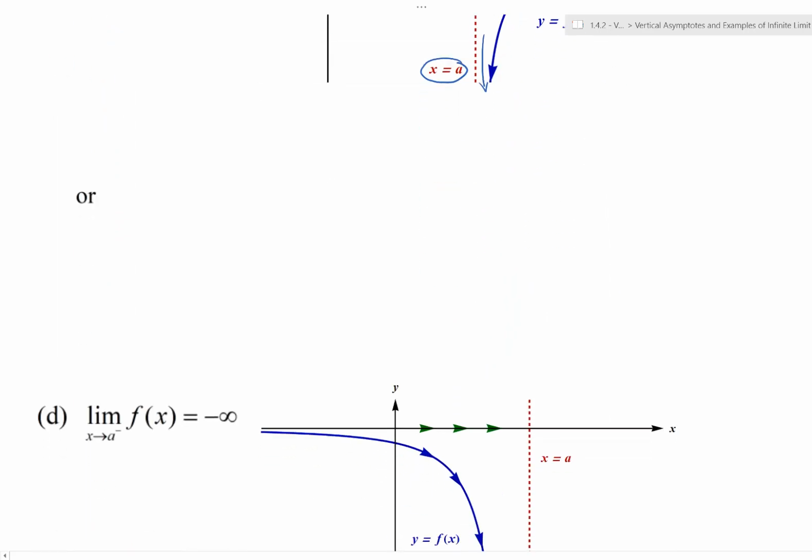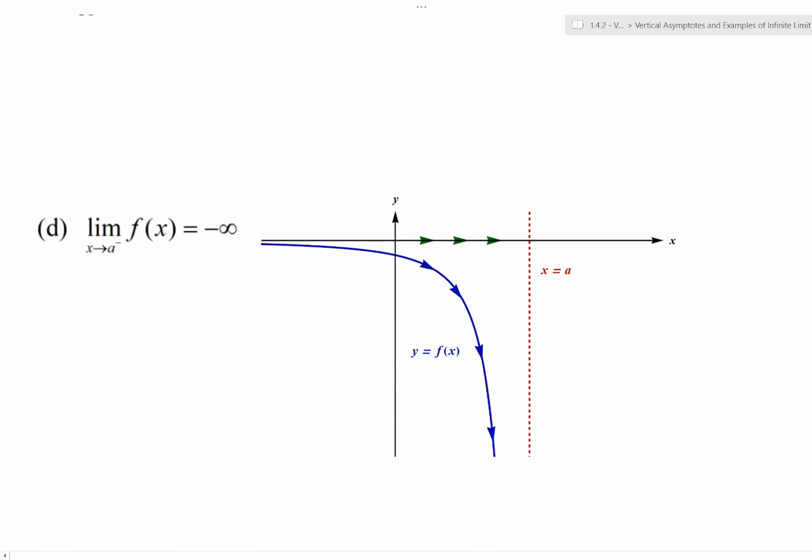And one last situation here. Now, as x is approaching a from the left, if the function f of x is approaching negative infinity, then again the vertical line x is equal to a is called a vertical asymptote for the function f of x. In this case, we see x is approaching a from the left, and the function is approaching negative infinity.